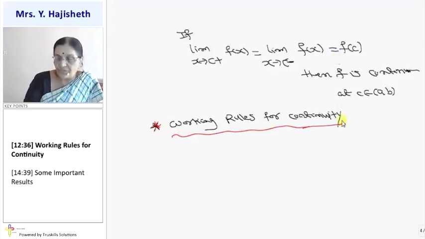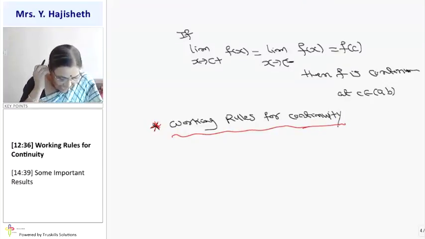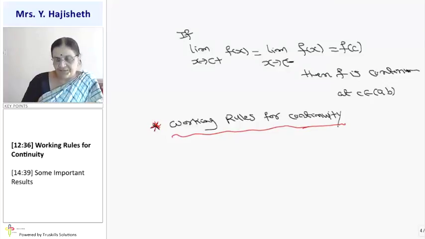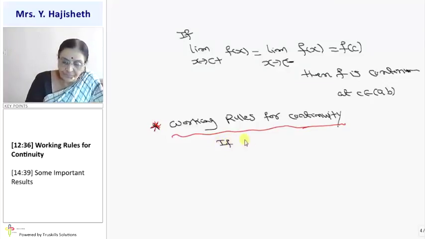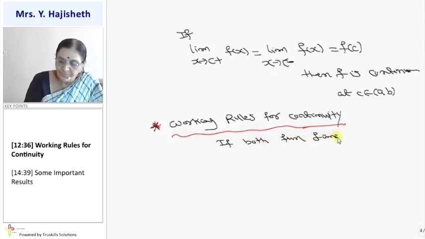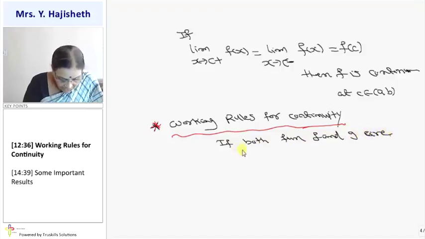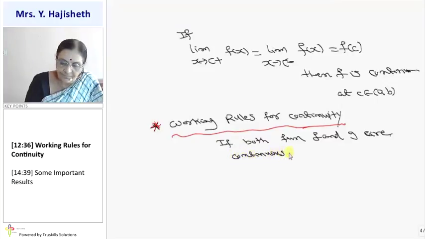First, if both functions f and g are continuous at c, and k belongs to R, then the first result is f plus g is continuous at c.